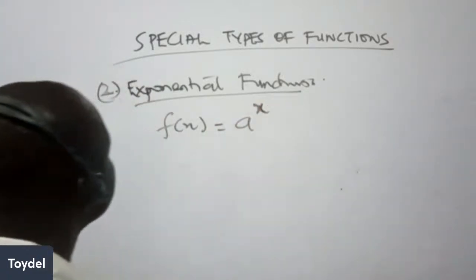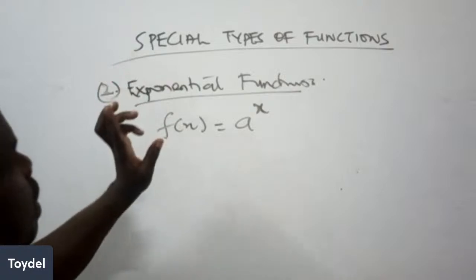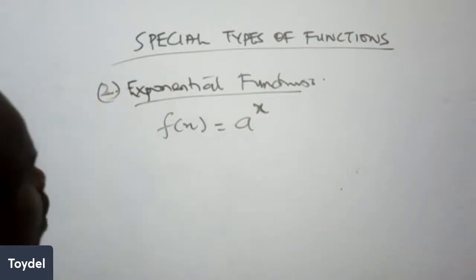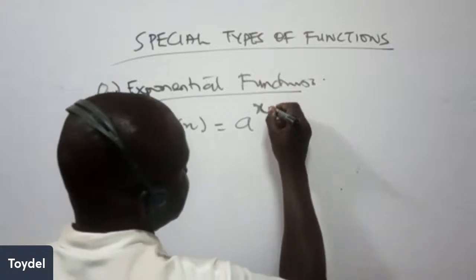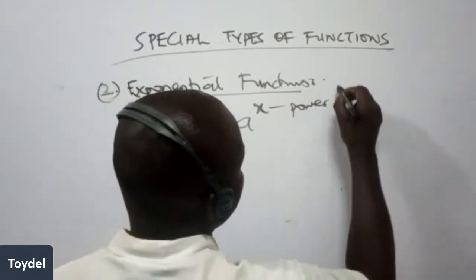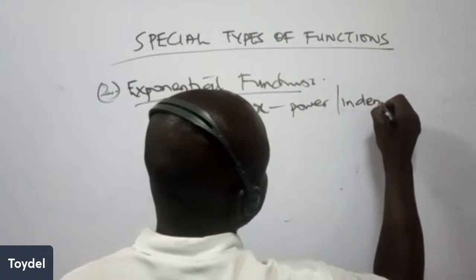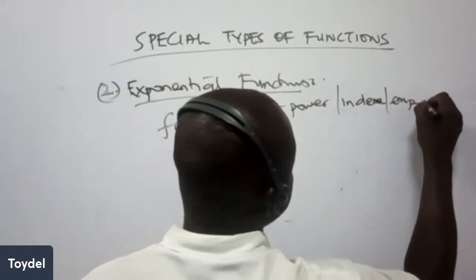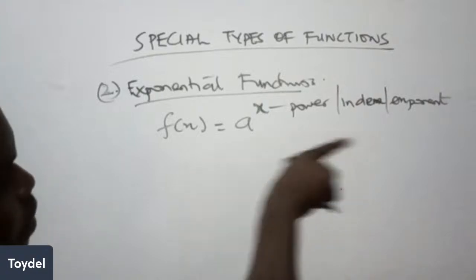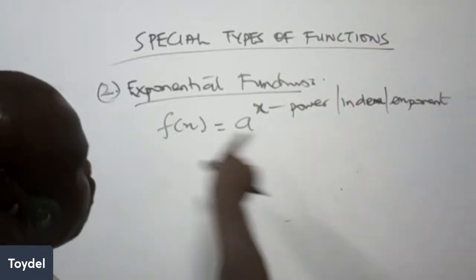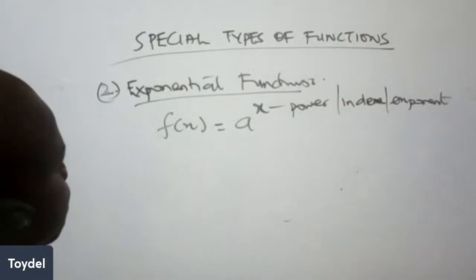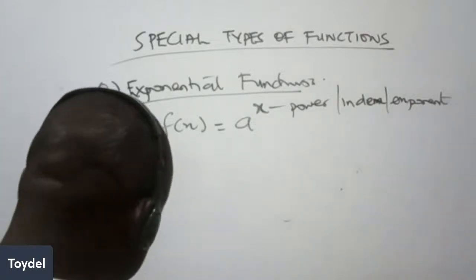From the word exponent, if you recall indices, when we have a raised to power x, this x can be referred to as the power, the index, or the exponent. These three terms can be used interchangeably. So under exponential function, we have something raised to the power of a particular variable.